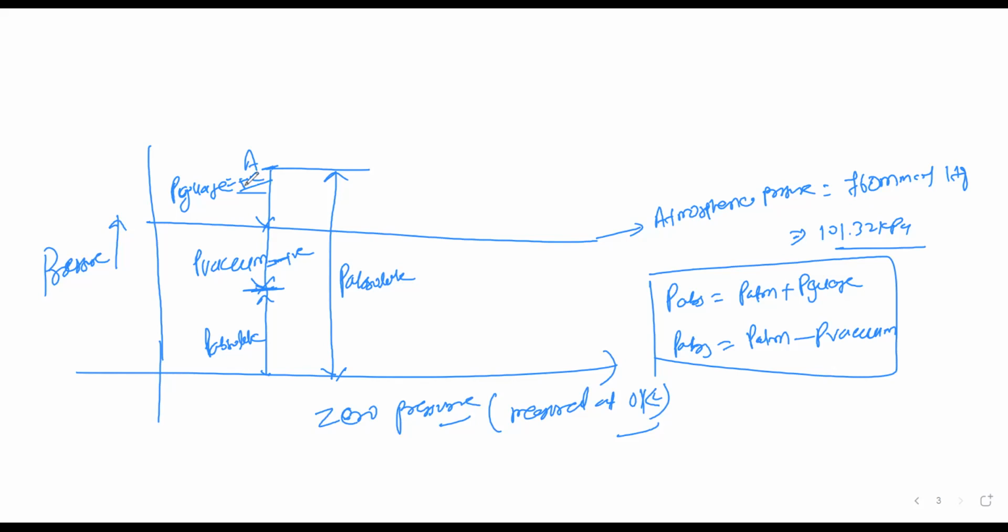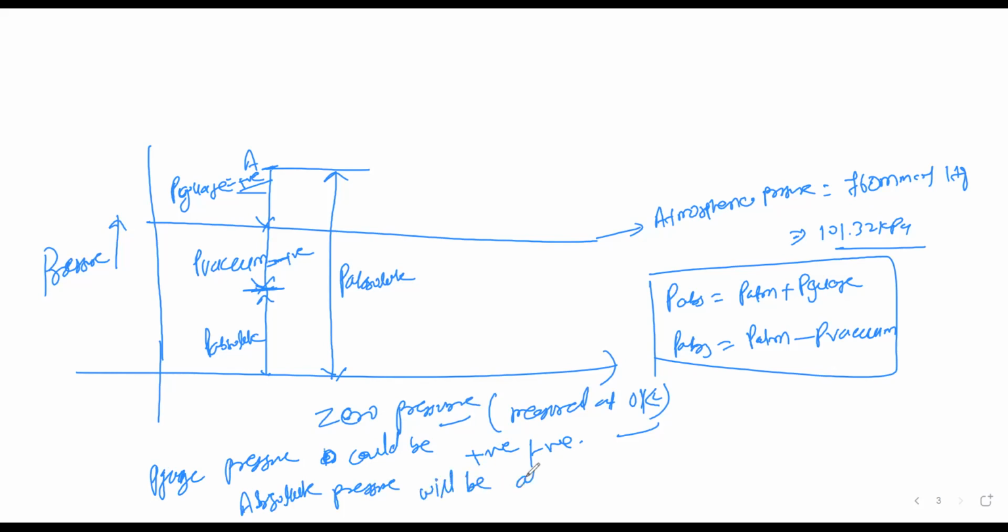So here I can say that the gauge pressure could be positive or negative, but the absolute pressure will always be positive.